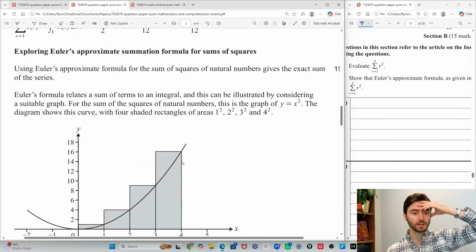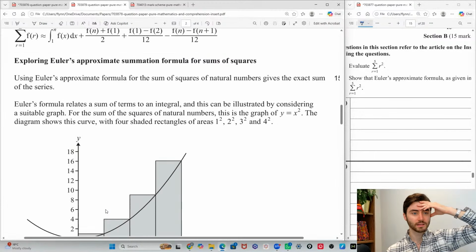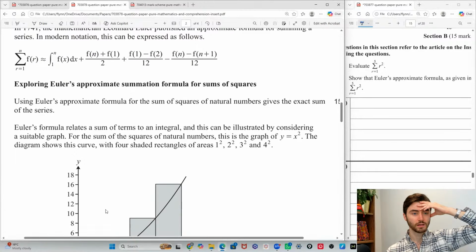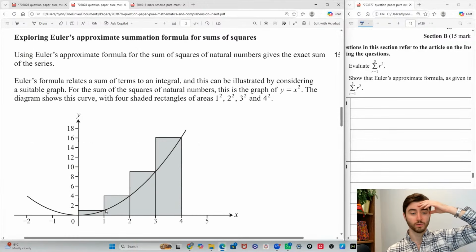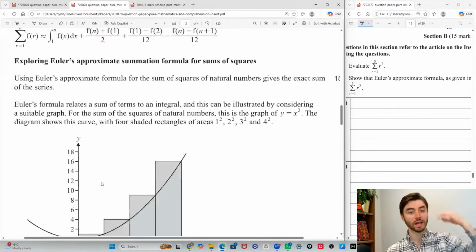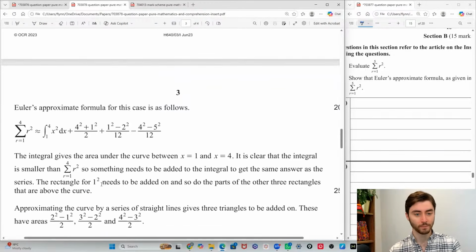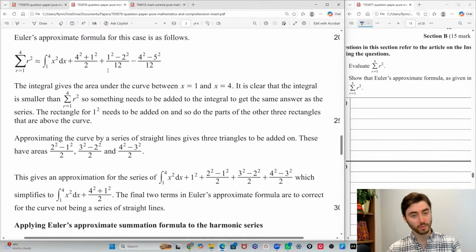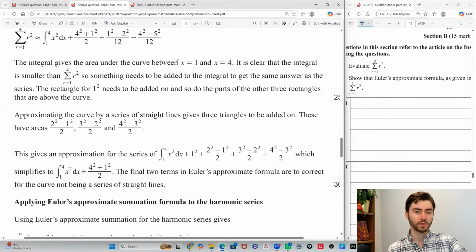that over 2. Okay, I can't make sense of why that works. But I can apply the formula. The integral gives the area under the curve, which is smaller, so we need to add something.